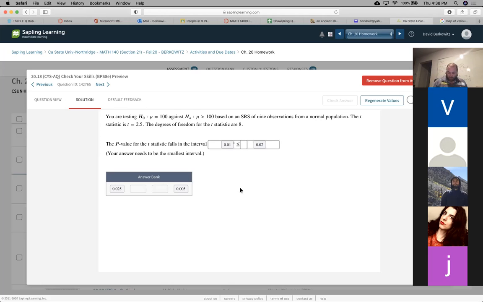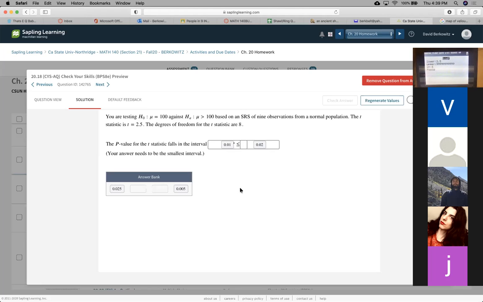Now, if I go to a table or use my calculator, I'm essentially computing the probability of being in that section. So let's take out my fancy TI calculator and do a T CDF, not the normal, but T CDF, and go from 2.5 as my lower to infinity as my upper, lots of 9s, very big number.